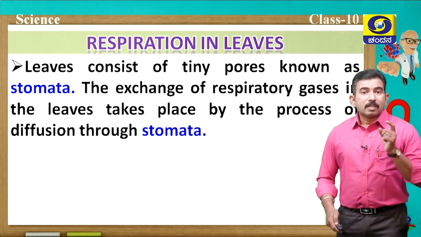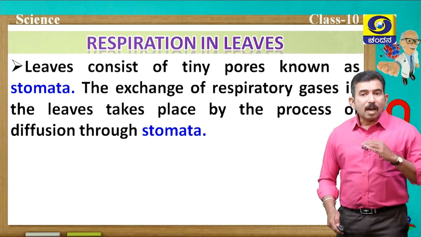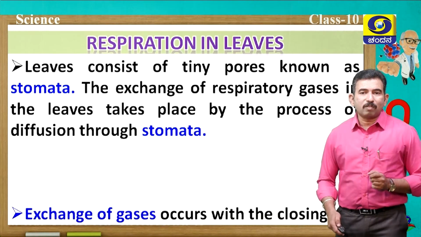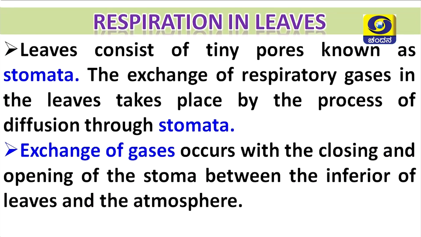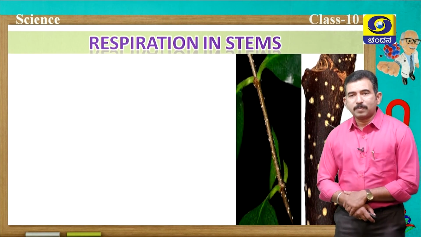Stomata are present in the lower epidermis in a large number. They are not present in the upper epidermis layer of the plant. Exchange of gases mainly occurs with the closing and opening of the stomata between the interior of leaves and the atmosphere.